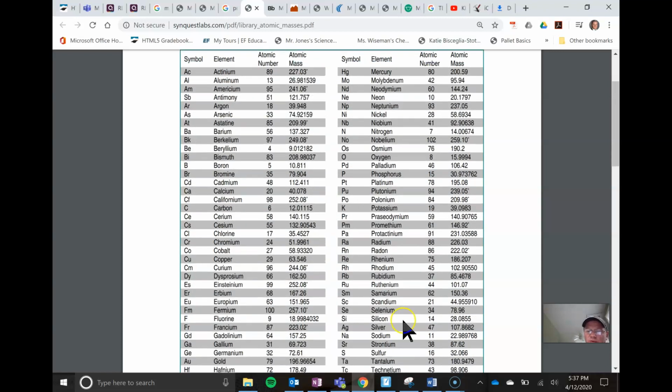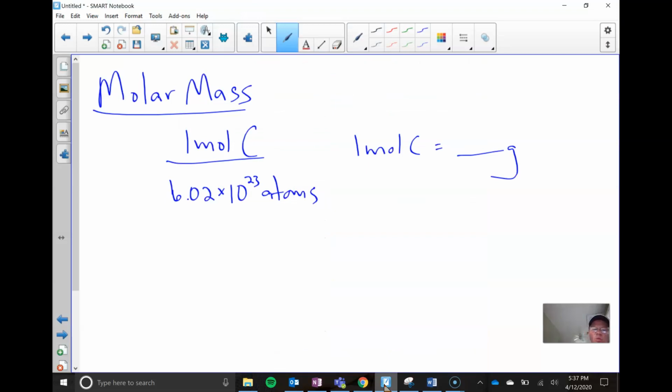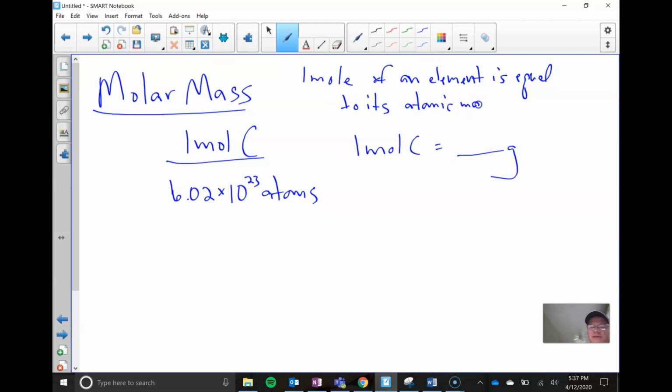Okay, so what we find is that 1 mole of any substance or any element, 1 mole of an element is equal to its atomic weight or its atomic mass in grams.